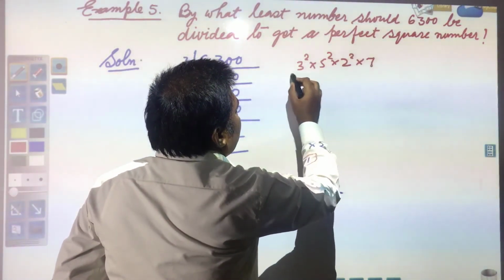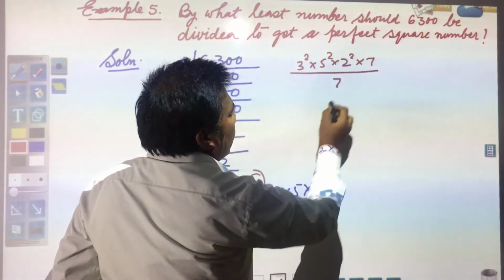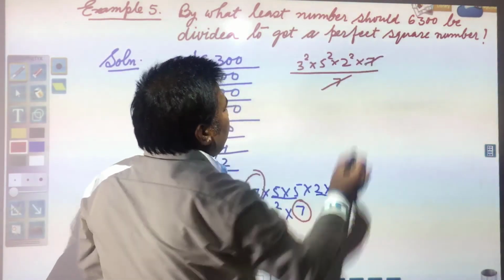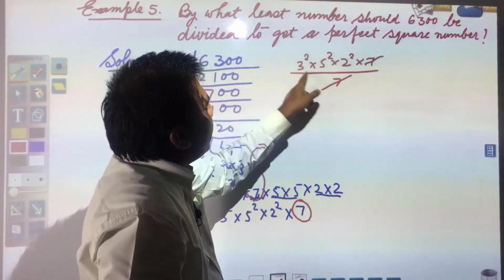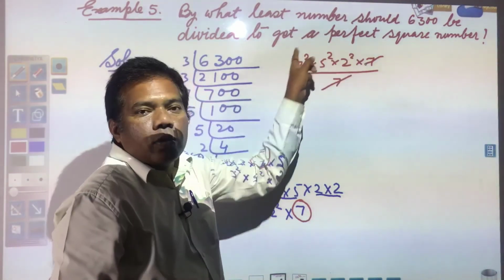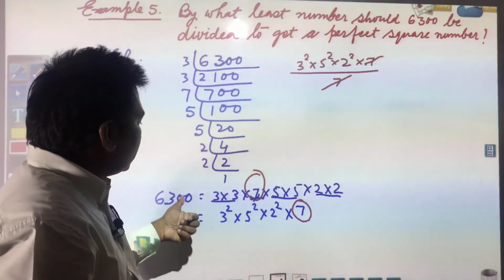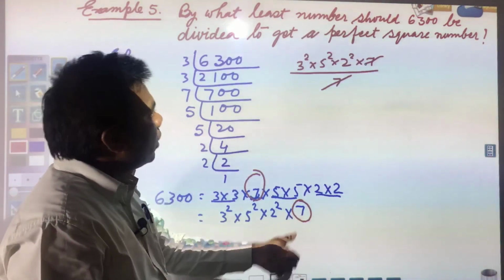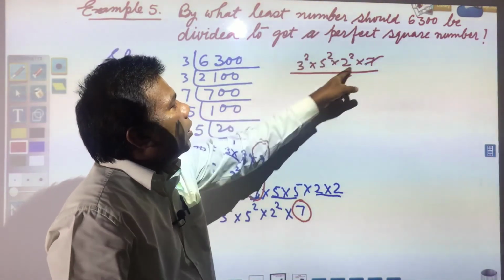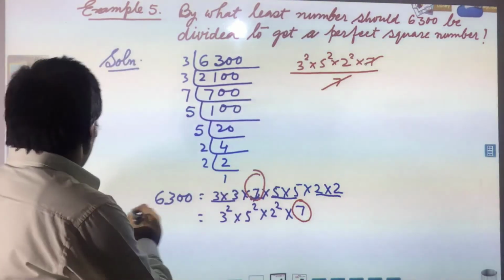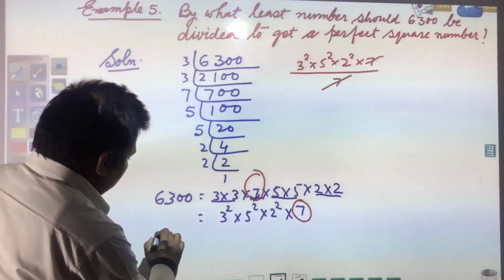If you are dividing this number by 7, this number will become the perfect square. So clearly your answer will be what? This number 6300 is required to be divided by 7 to make it a perfect square.